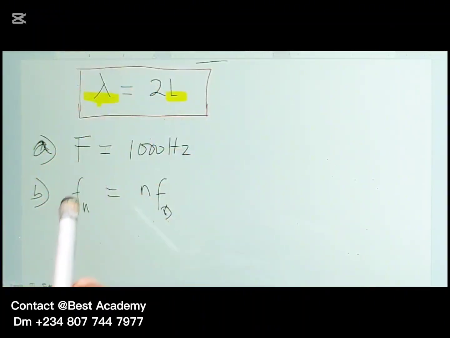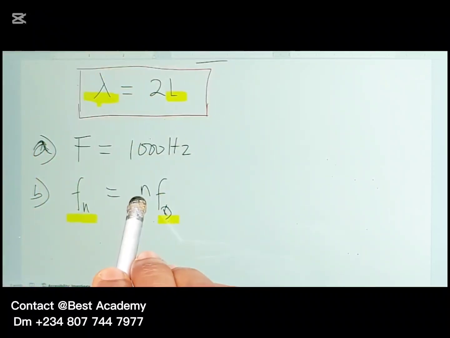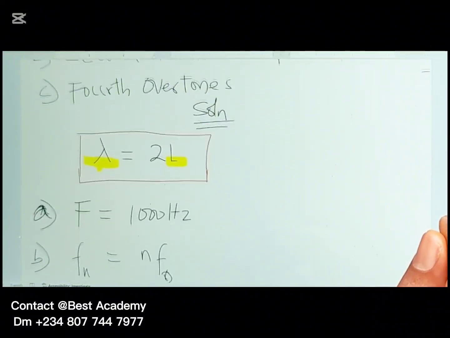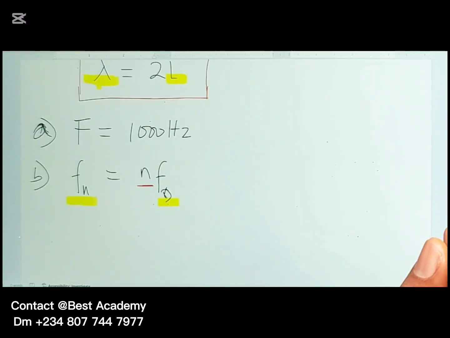Where f of n here is said to be the harmonics frequency, f of naught is said to be the fundamental frequency, and the n here represents the term of the harmonics. If I have the second harmonics, that means n is 2. If I have the third harmonics, n is 3. If I have the fourth harmonics, n is equal to 4. Please take note. So n represents the term of the harmonics.